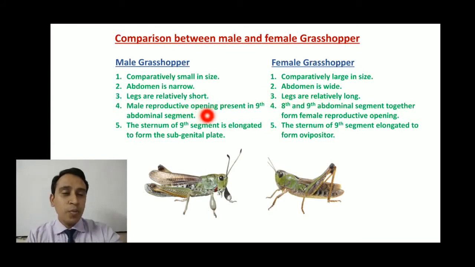Male reproductive openings are present in the 9th abdominal segment, and the 8th and 9th abdominal segments together form the female reproductive openings. The sternum of the 9th segment elongates to form the subgenital plate in male, and in female it elongates to form the ovipositor. So, my dear students, that is our today's topics.